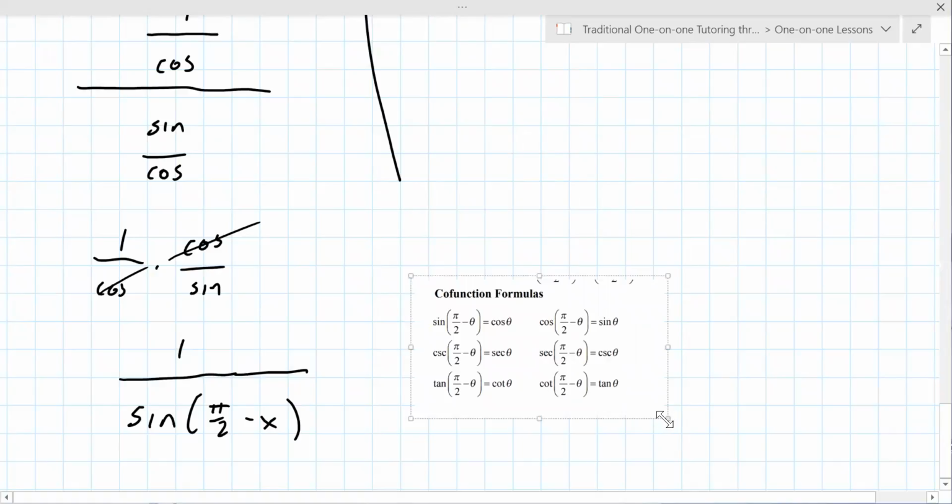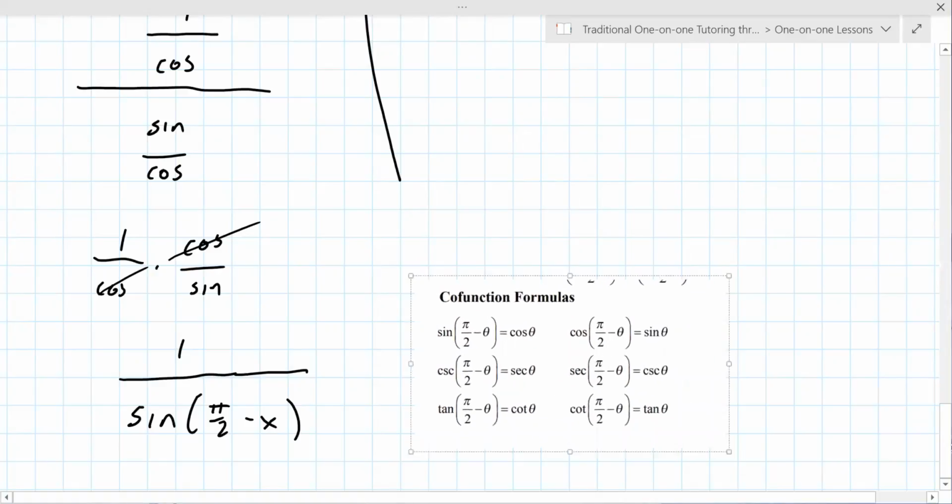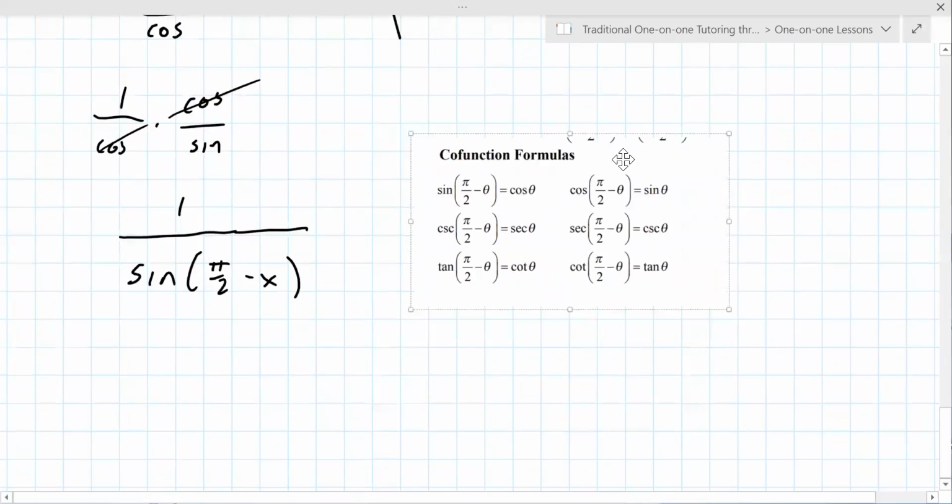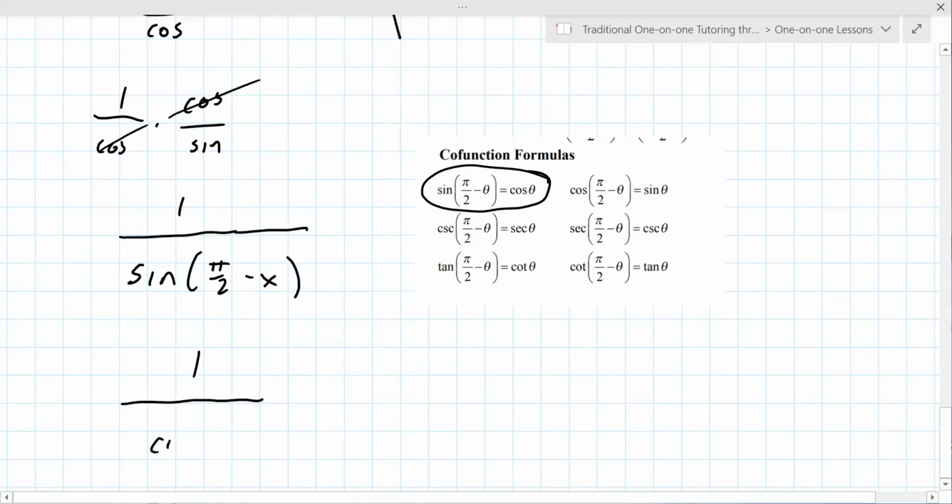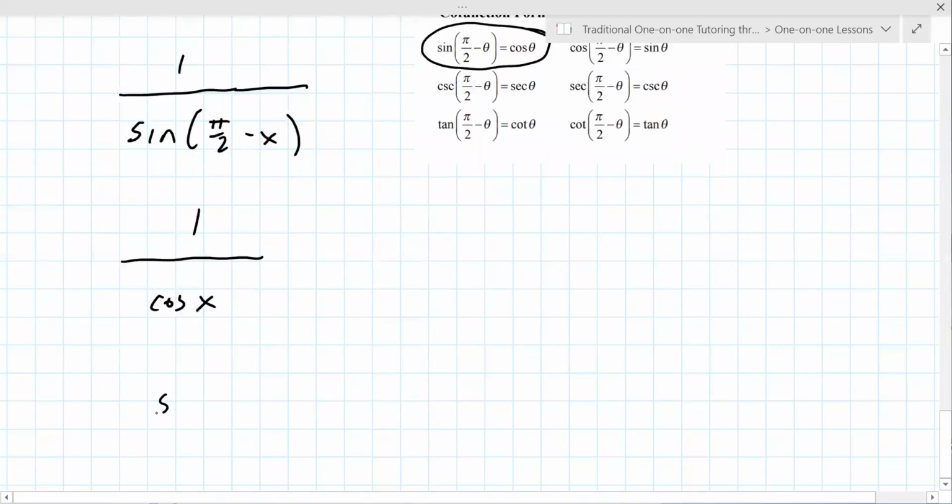Okay, so sine of pi over 2 minus x, or in our cofunction there, minus theta, it's this top one. So this part on the bottom just becomes cosine x, and 1 over cosine x is secant x. There's a lot to remember when you're doing these problems. There are a lot of little forks that you have to navigate when you do that.